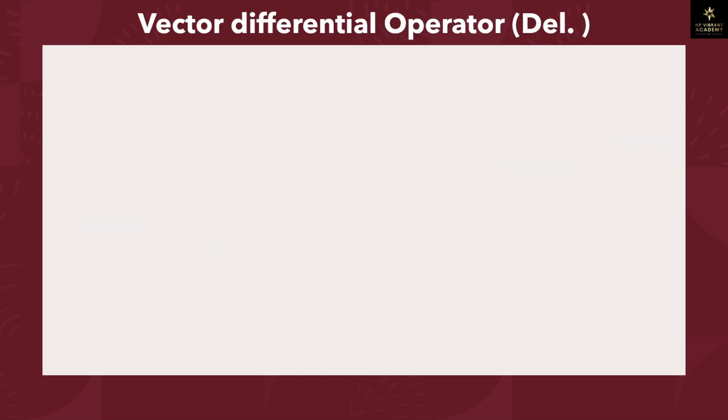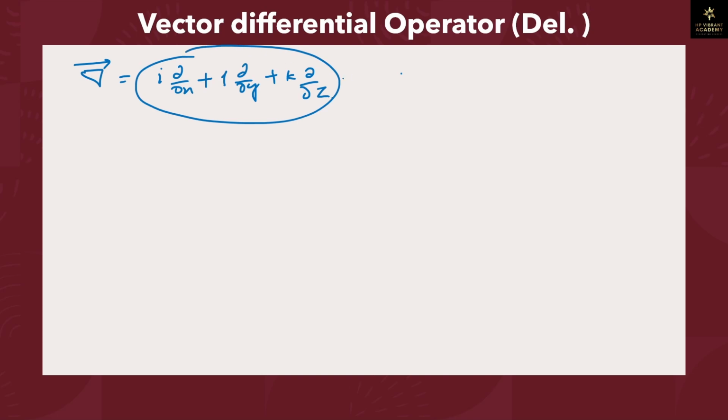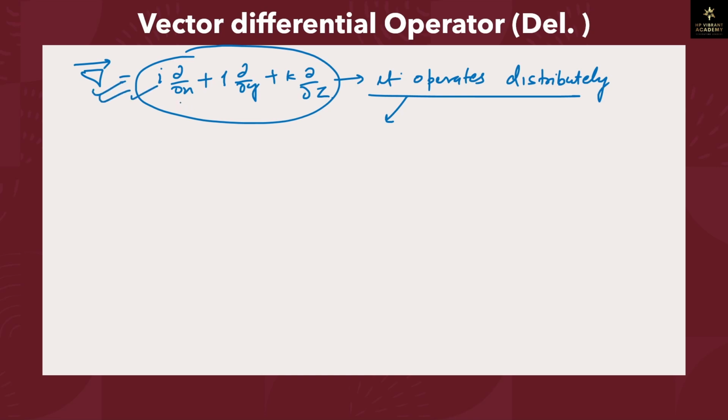Now we have the vector differential operator, which is also known as nabla. This is a vector quantity, represented as i del upon del x plus j del upon del y plus k del upon del z. It operates distributively, that is, it shows its presence in all three directions, because in nabla we have del upon del x, del upon del y, and del upon del z.